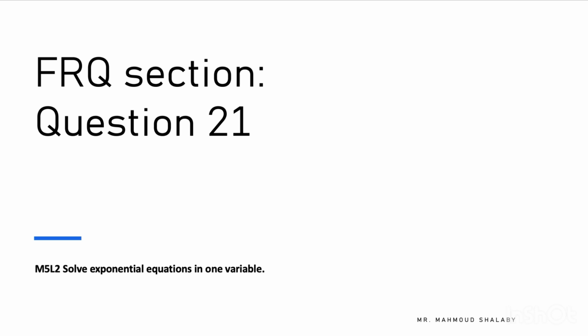Right? So before we start, ya shabab, let me just remind you with something very quickly. If I have, for example, 2 to the power of x equals 2 to the power of y, in this case, as long as we have an equal sign, it means both sides are equal.